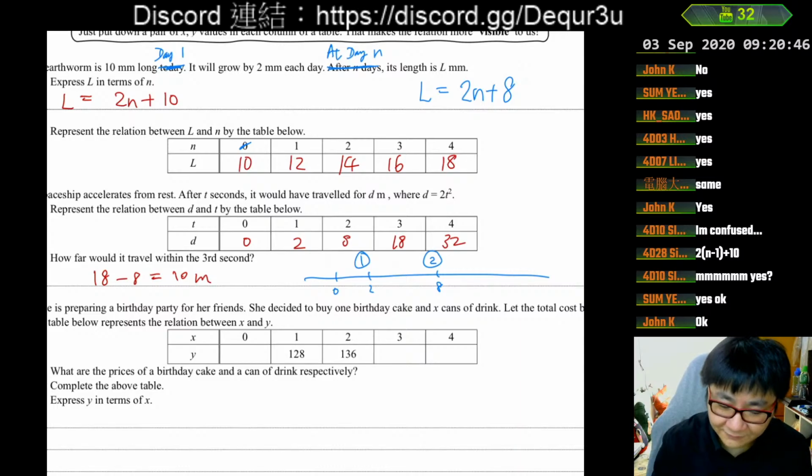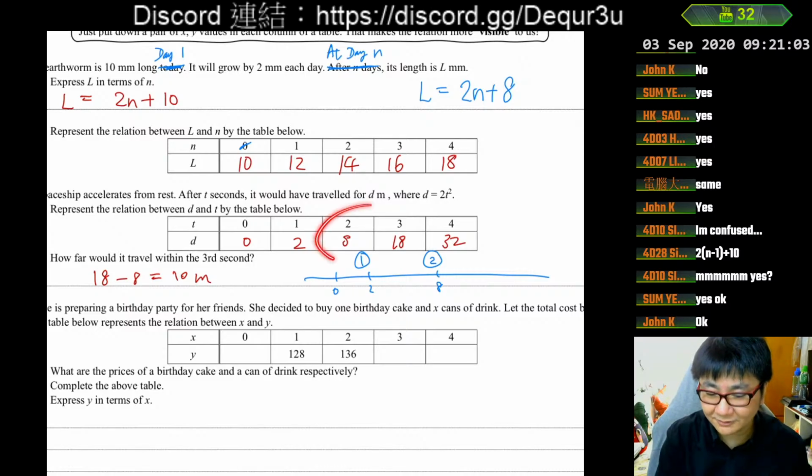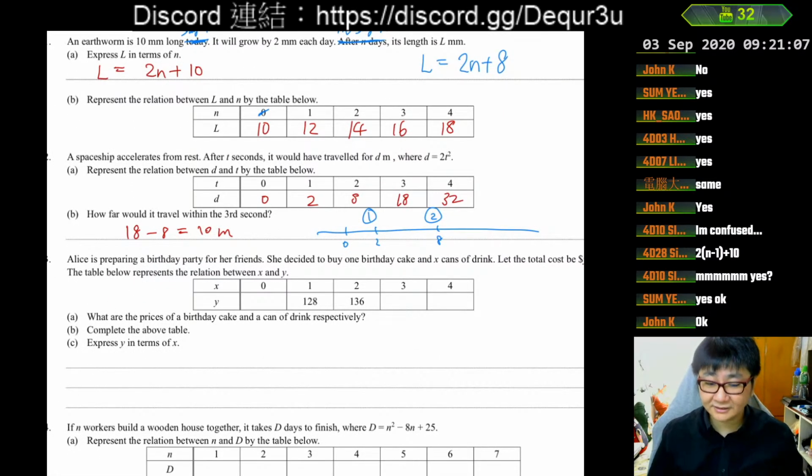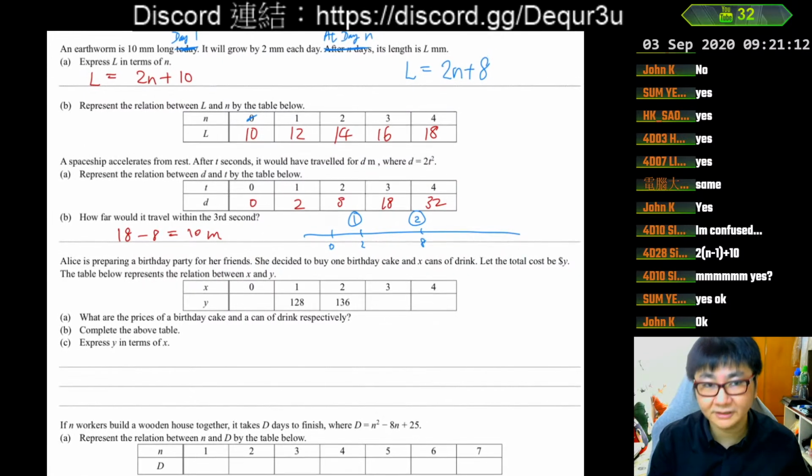If using the equation, it will not be so direct. You have to put in some t, understand it, and then take the subtraction. But with the table, we can show this easily. So sometimes using a table is a convenient way to display the data and also to understand the data.